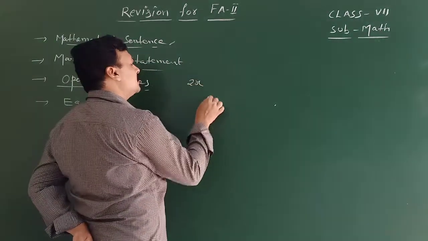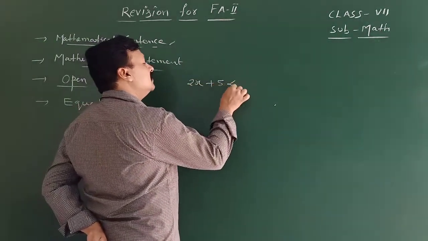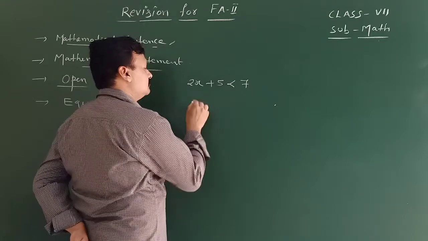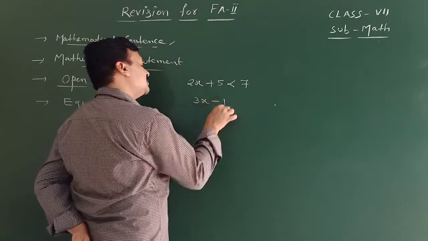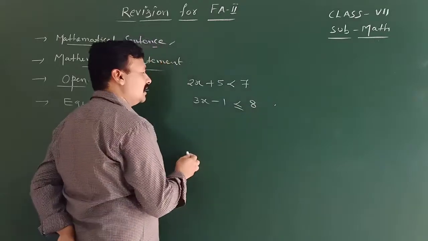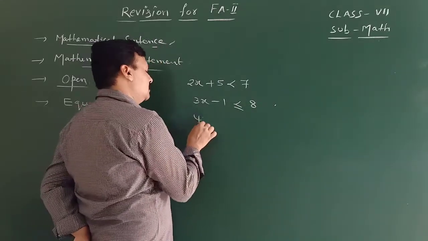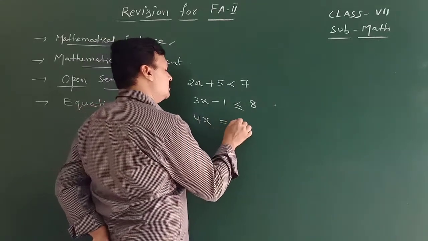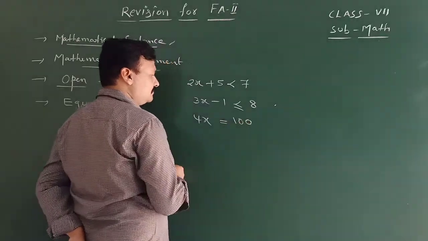Here, 2x plus 5 less than 7. Okay, 3x minus 1 less than or equal to 8. Here, 4x equal to 100.